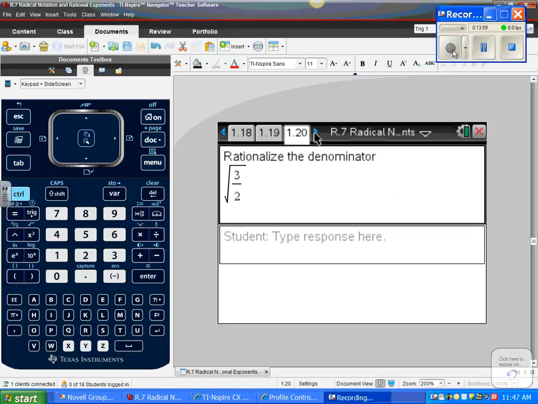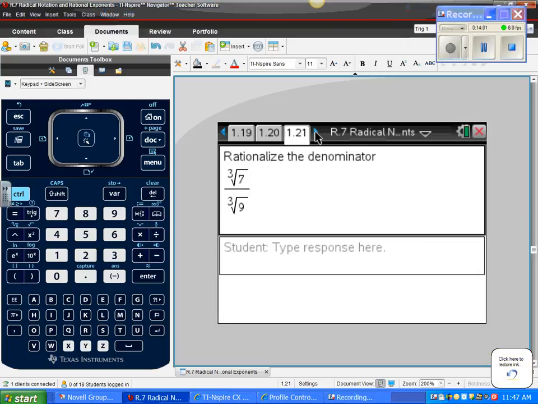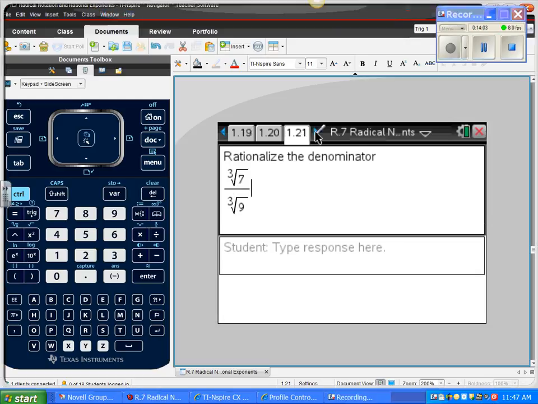Moving on to the next one. Cube root of 7 divided by cube root of 9. So what we're looking for is something to multiply the denominator by so that that cube root of 9 becomes a perfect cube. Okay? So what are perfect cubes? Well, 9's not. How about 27, right? We want to stay within what we can get to.